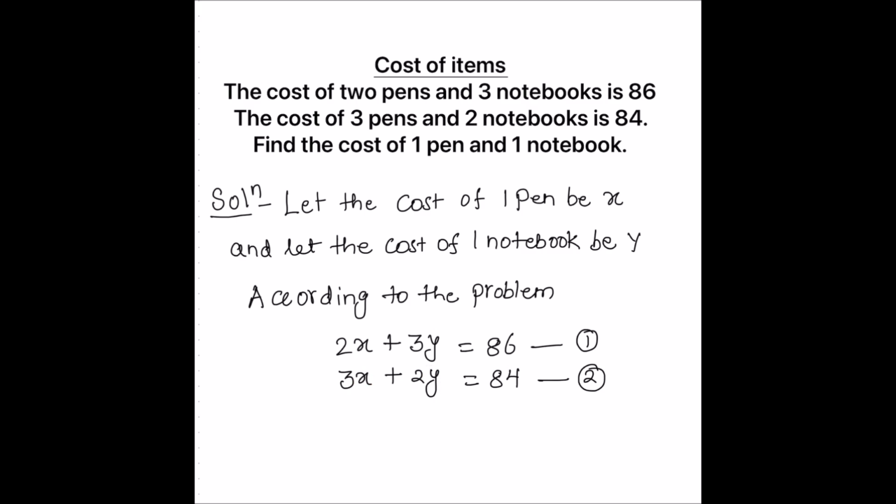So now we got two equations. Let's solve the equations by using the elimination method. So we can eliminate either x or y term. So here we are going to eliminate the y term. To eliminate the y term, we are going to multiply the first equation by 2 and the second equation by 3. So multiplying equation 1 by 2 and equation 2 by 3.